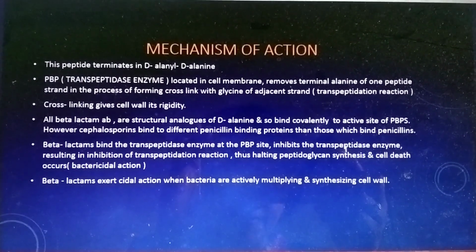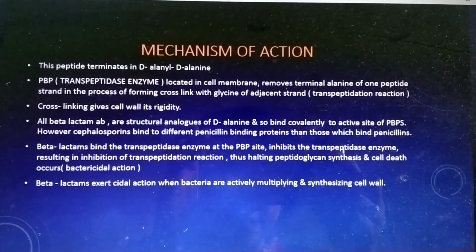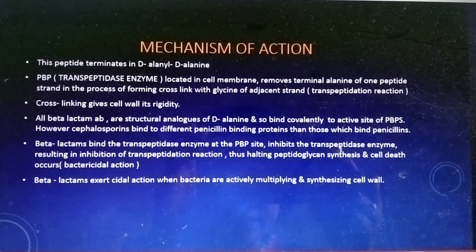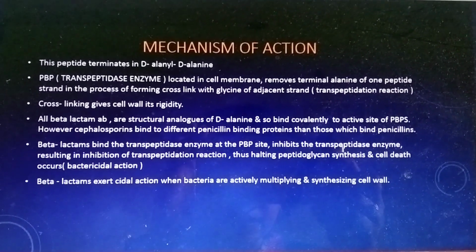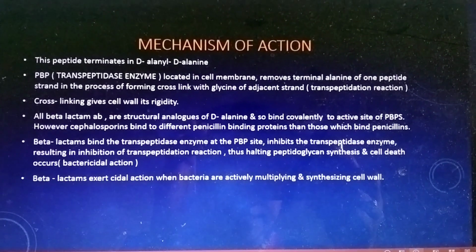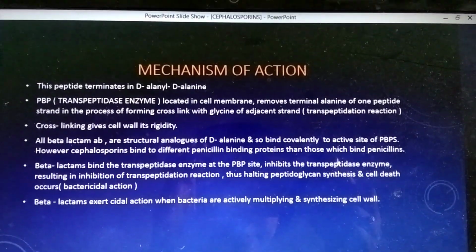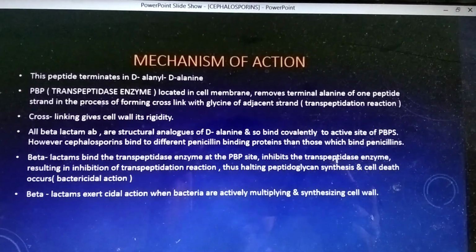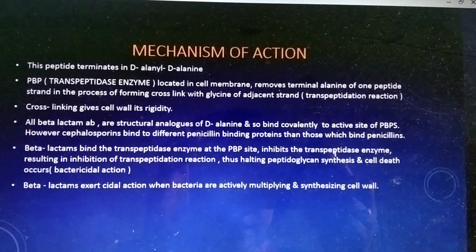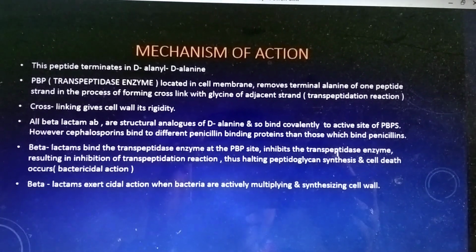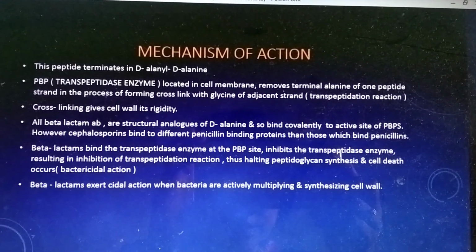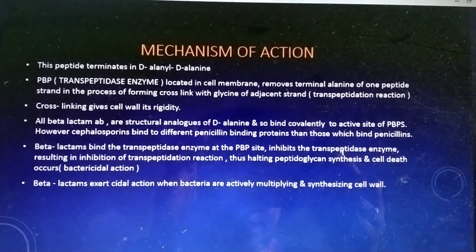Now after the beta-lactams bind the transpeptidase enzyme at the penicillin binding protein site, it inhibits the transpeptidase enzyme. So there is inhibition of the transpeptidase enzyme, resulting in inhibition of transpeptidation reaction, thus halting the peptidoglycan synthesis, and so there is no synthesis of peptidoglycan and cell wall is not formed, and this leads to cell death.